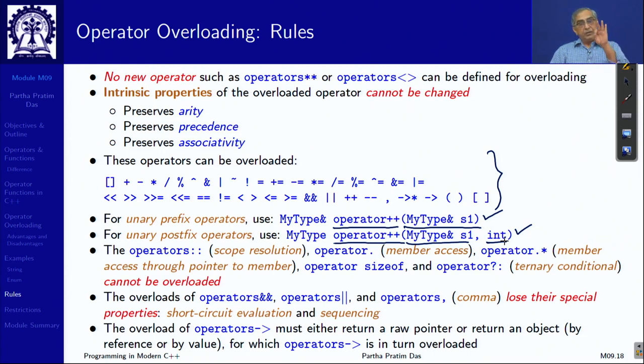If that pointer is not a raw pointer, then it will be applied again to get the next pointer till you get a raw pointer. I am sure this is absolutely not making sense to you. We will at some point talk about smart pointers in one of the later modules, and then you will understand this overloading, how important it is.